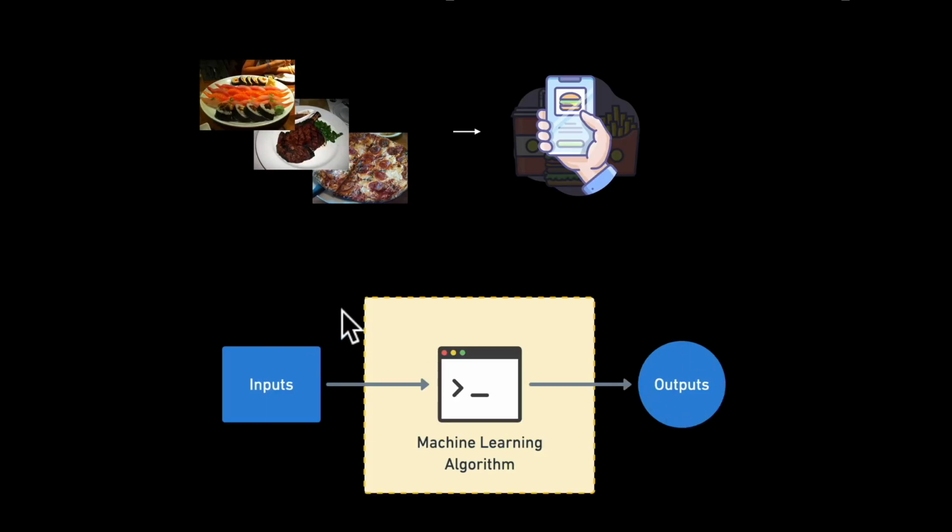But before we can pass our inputs to our machine learning algorithm, or better yet, what does our machine learning algorithm like to look at? Can it understand photos straight away? Like if we just took a photo and just said, hey, machine learning algorithm, tell us what's in this photo. Will it be able to do that? Well, if you remember from a previous section, what do we have to do to our inputs before we pass them to our machine learning algorithms?